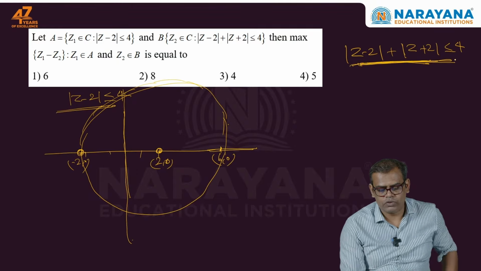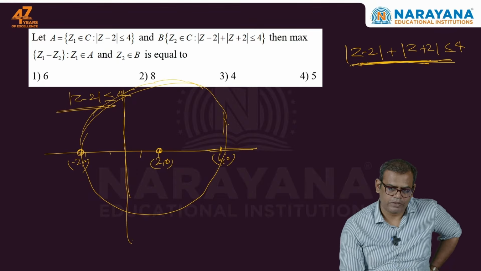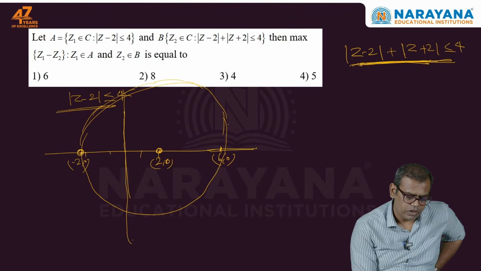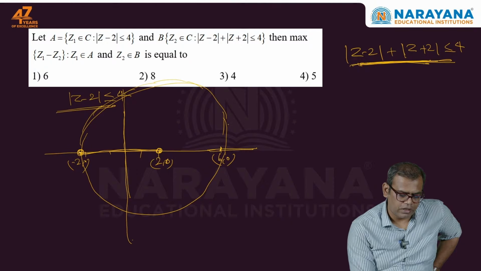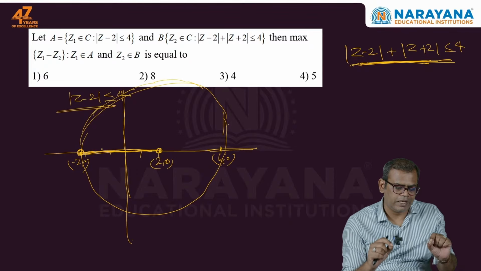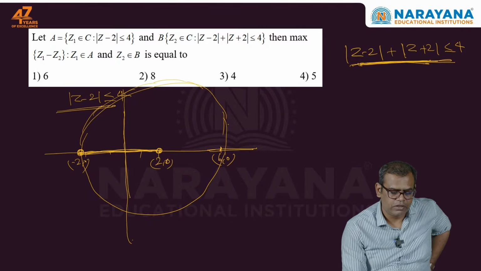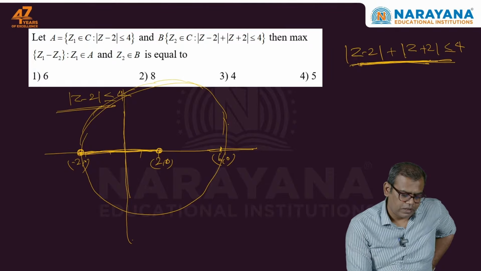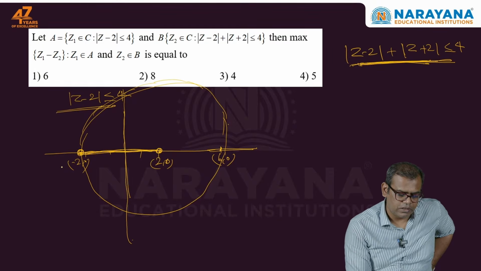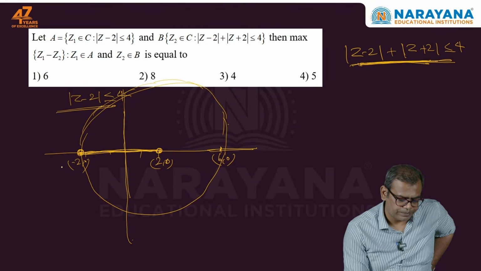So less than 4 is not possible, exactly 4 is possible, right? Minimum 4 will come. So this is the equation of a line segment. So Z2 is in this region, including both ends of the line segment, because it says less than or equal to 4. And Z1 is in the disk including the boundary.